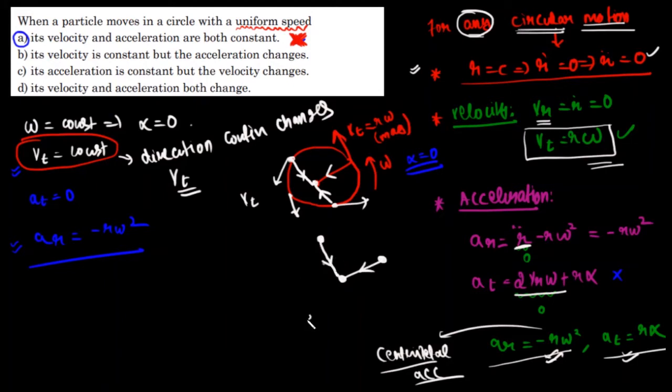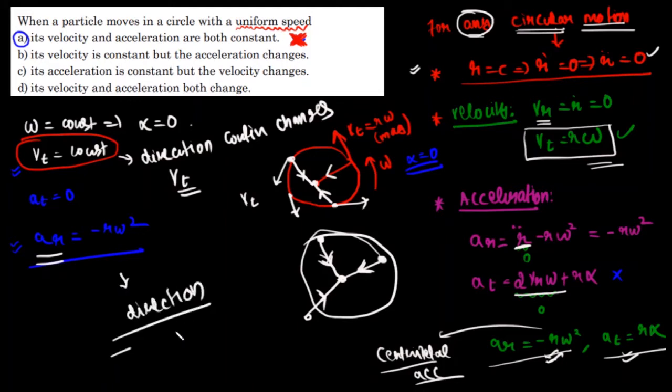So in circular motion, as the particle keeps on rotating, the direction of acceleration, the radial or centripetal acceleration, is also changing. So direction of both tangential velocity and radial acceleration is changing.